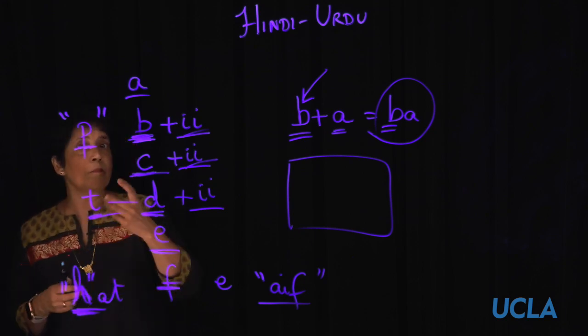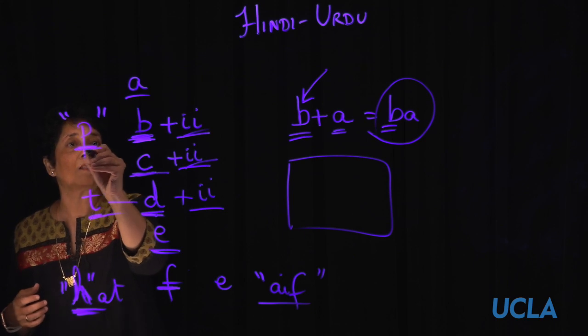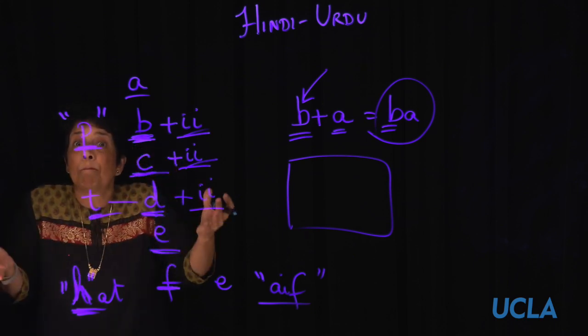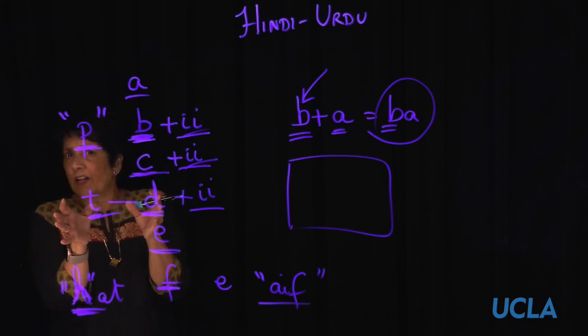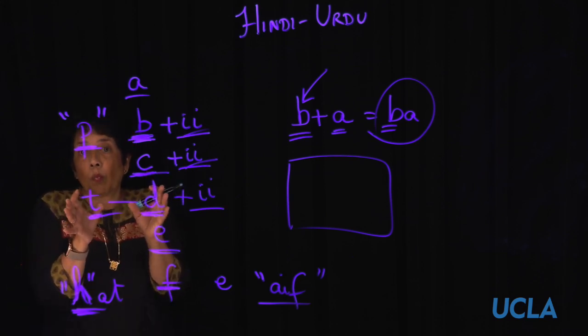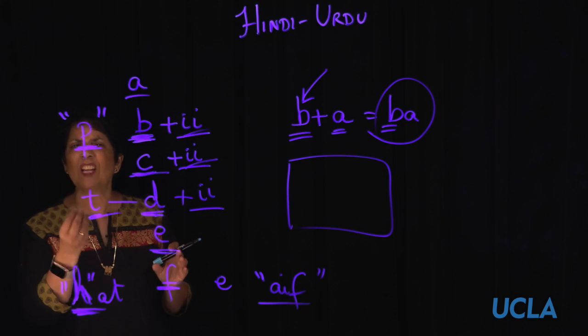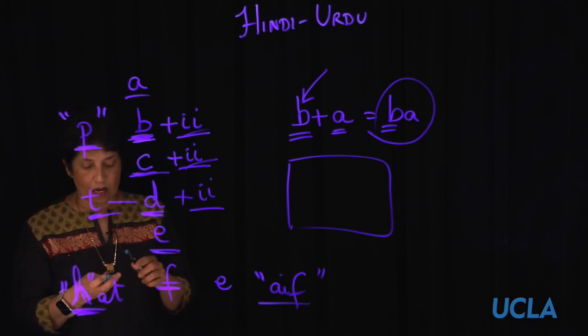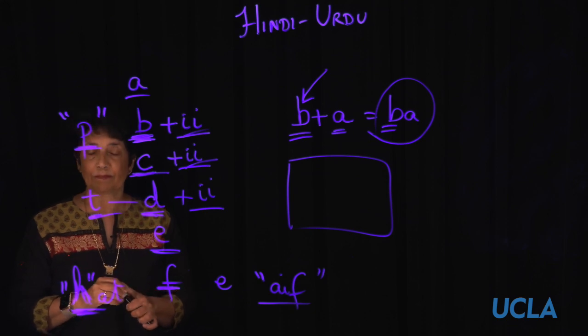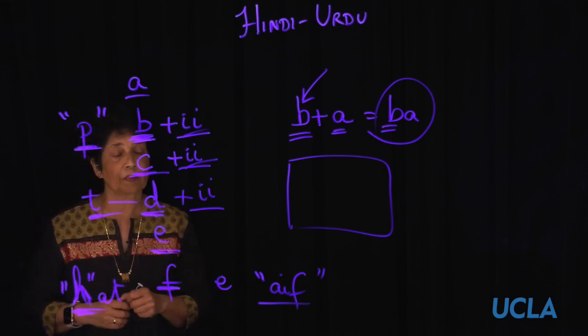And I also mentioned that even if it's at the same place, like pa and ba, something must be different, and I mentioned the feature, voicing. And we will use voicing as a feature.